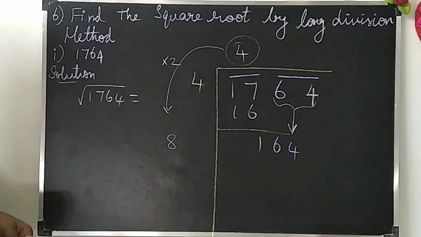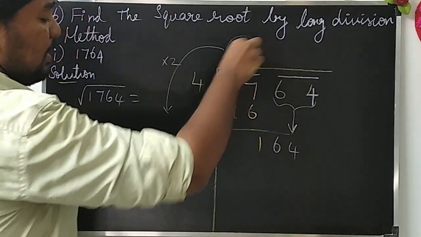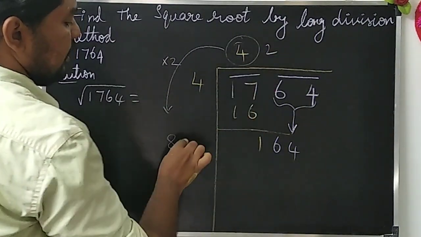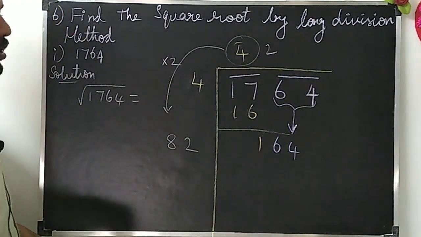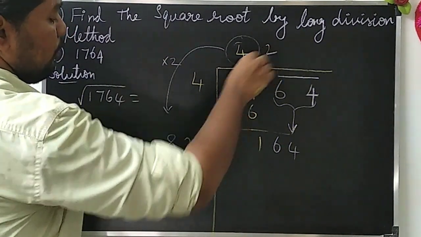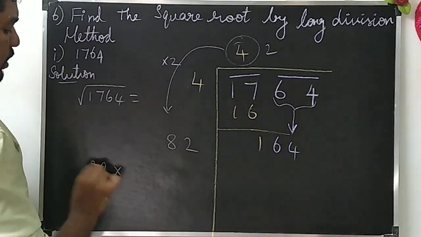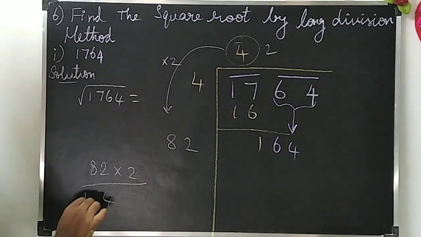The next step is also the same. If you write any number in the quotient, the same number will become the divisor. For example, here 2 means here also 2. Here 4 means here also 4. So if you write 2, here also 2. So next 82 into 2. 82 into 2 means 2 2s are 4, 8 2s are 16.